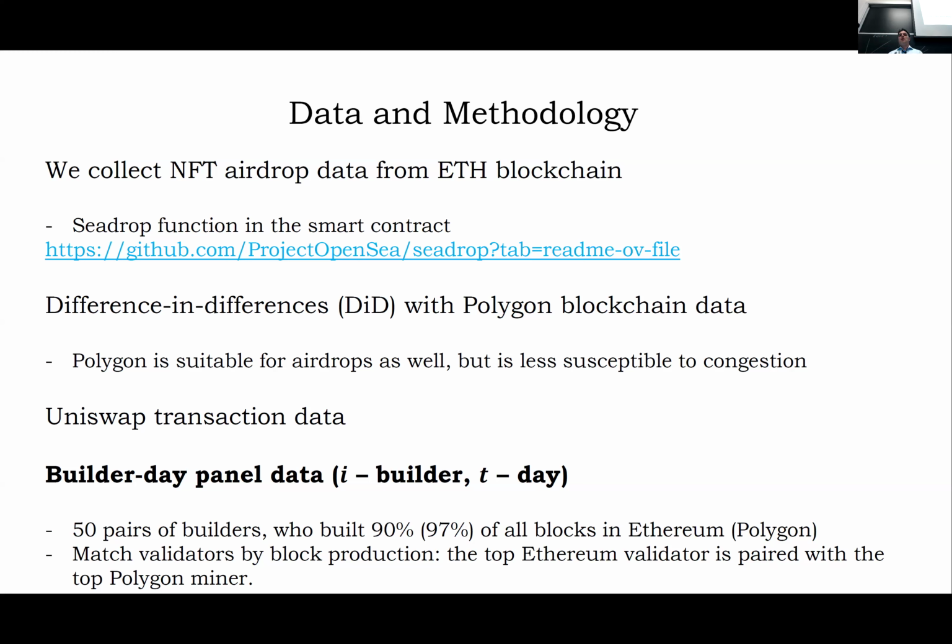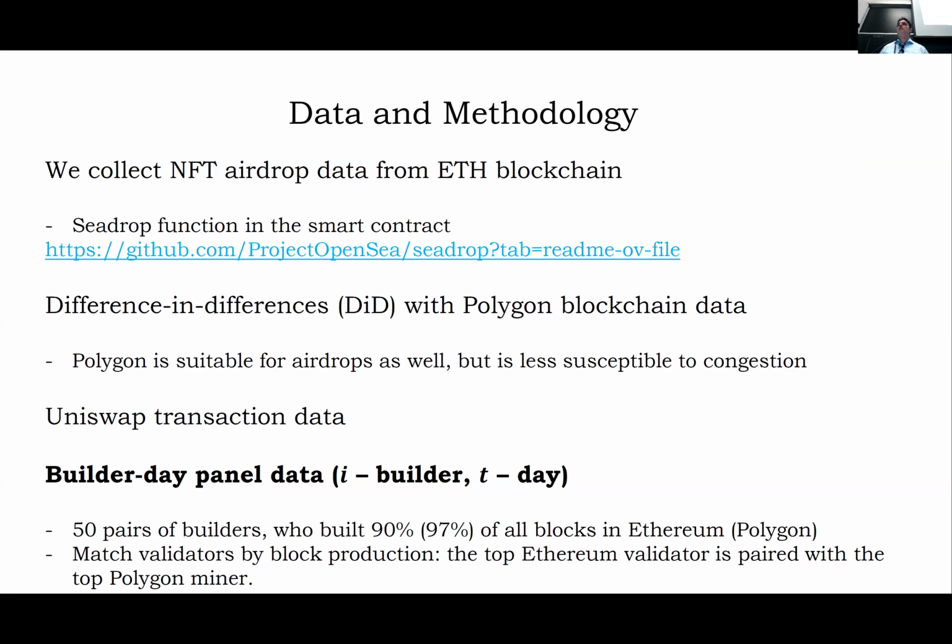So we want to choose Polygon blockchain as an instrument so that when we look at the difference between Ethereum and Polygon, if we see, let's say, a positive increase in the number of transactions, or a reduction of the price impact, by looking at the difference between the price impact on Polygon and Ethereum, or the number of transactions on Polygon and Ethereum, this must be really due to the congestion, right? Because Polygon is not very sensitive to congestion, right? That's the idea.